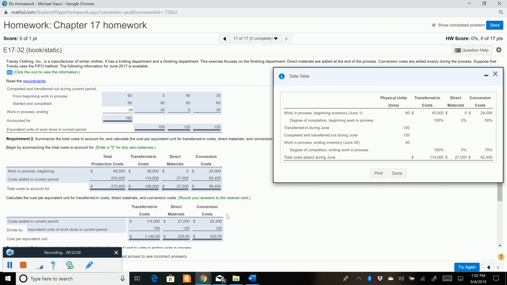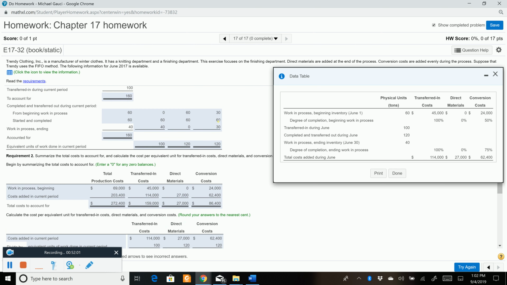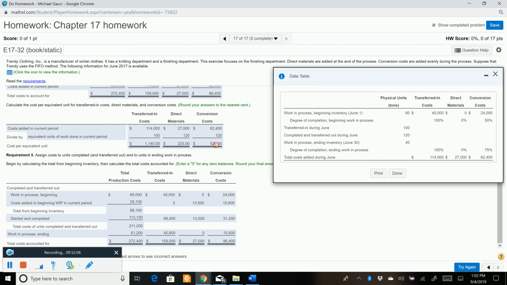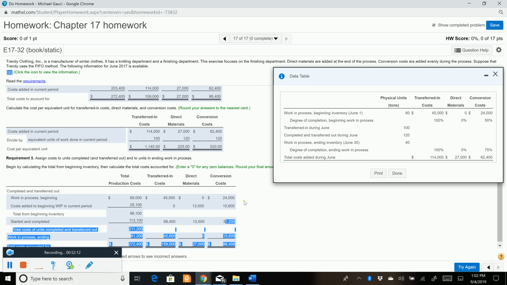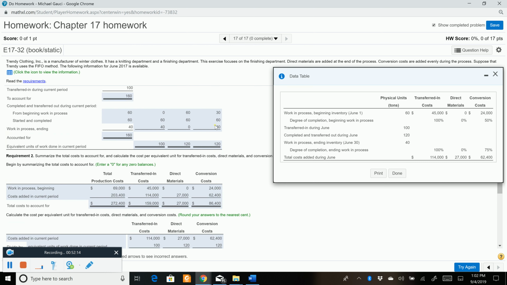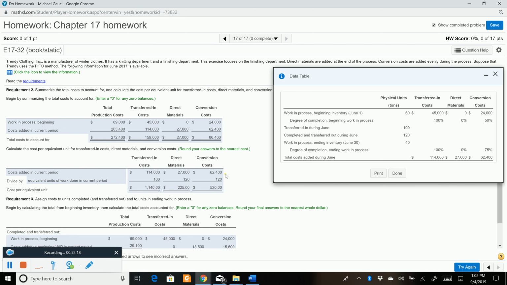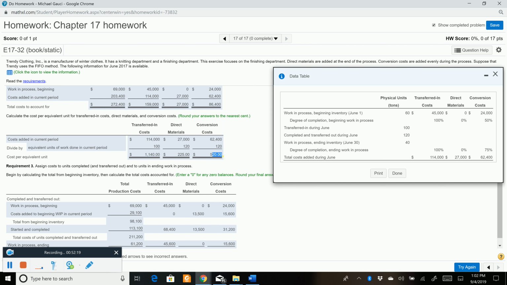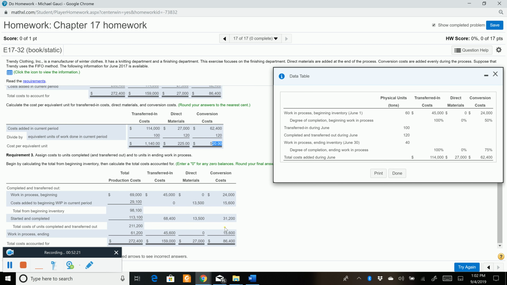How about started and completed equivalent units for conversion cost? 60 times 520, the cost per equivalent unit. That'll give us 31,200. And last but not least, in ending WIP for conversion costs, the equivalent units is 30 times 520, the cost per equivalent unit. That also gives us 15,600.